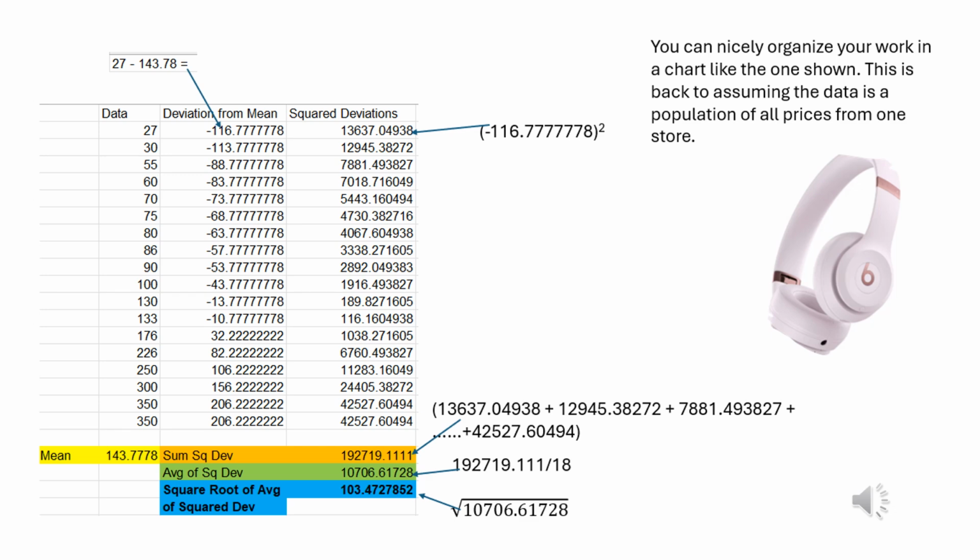Now, in reality, you're going to have probably software do all this work for you. Excel has a program that will calculate population or sample standard deviation depending on which program you pick. Graphing calculators also give you both the population and sample standard deviation.